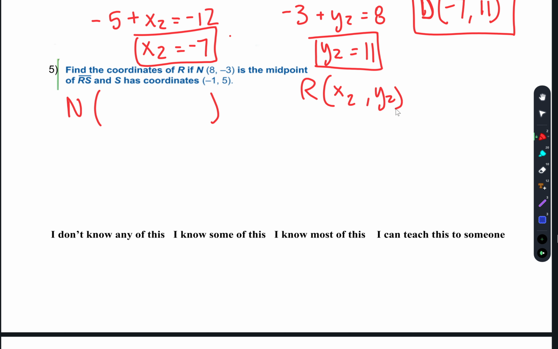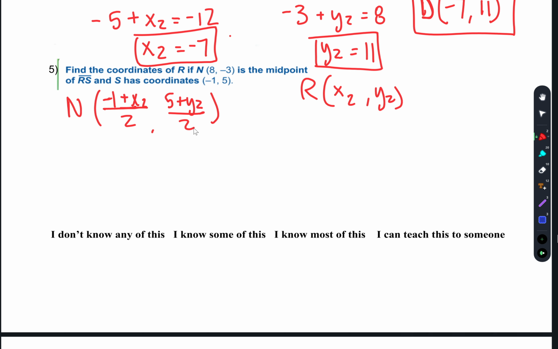So I start filling some stuff in. I want, for my X values, X1 is -1 plus X2, I don't know, all over 2. Y1 and Y2 are 5 plus Y2, all over 2.